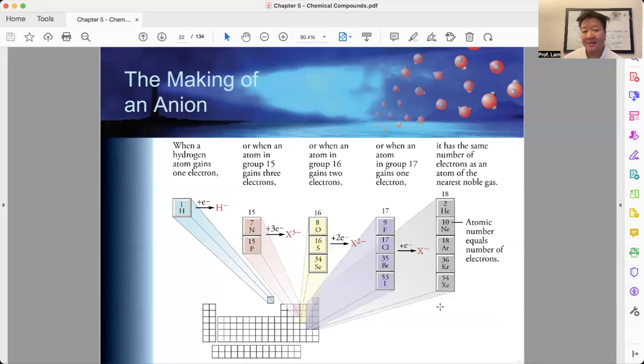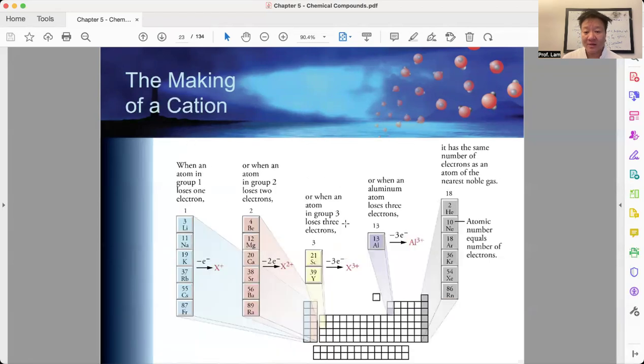So group 8A, the noble gases, is really, really stable. So what that means is everybody wants to be like the noble gas, okay? Everybody is a noble gas wannabe because it has that really stable electron configuration and everybody wants to get there.